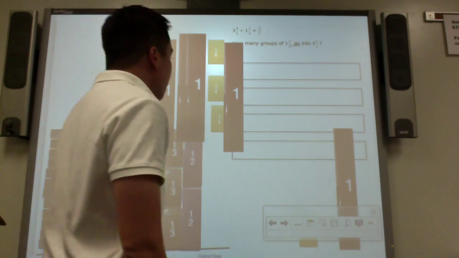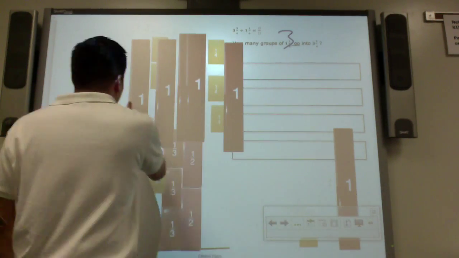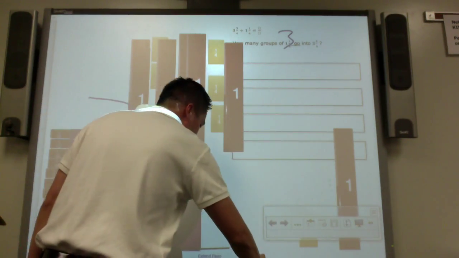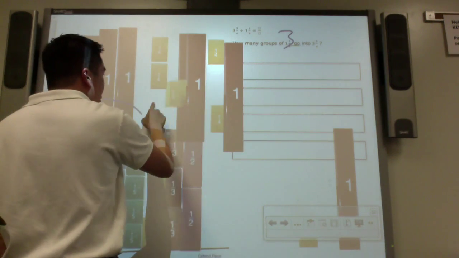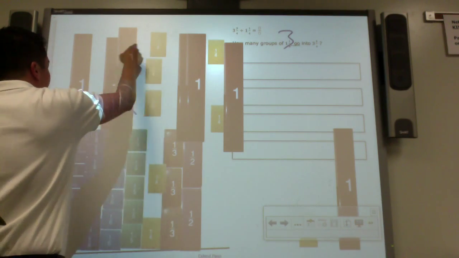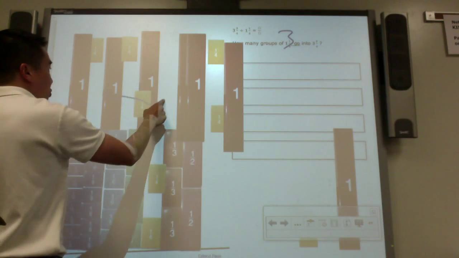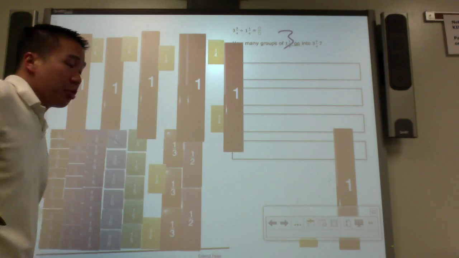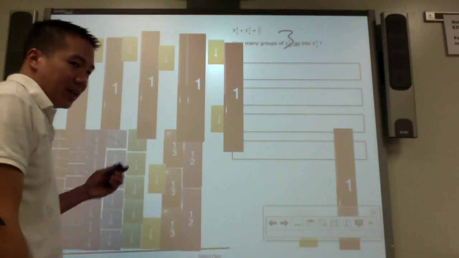So it seems like we have 3 groups. Let me make sure I'm doing it correctly. So this is 3 and 3/4. How many groups of 1/4 go in? We have 1 group of 1/4, 2 groups of 1/4, 3 groups of 1/4. So 3 groups of 1/4 will fit into 3 and 3/4. 3 is the answer.